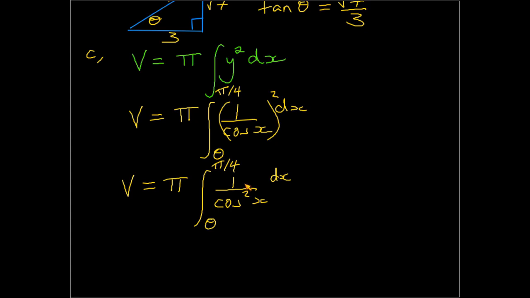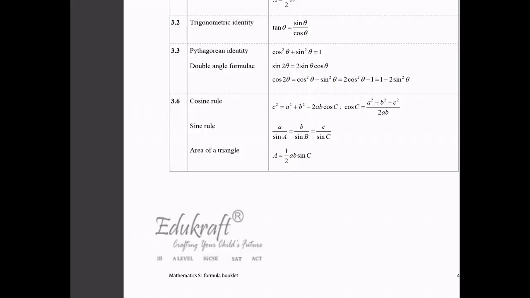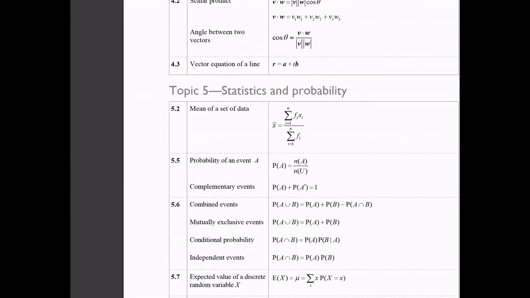And then here what I need to do is integrate 1 over cos squared. So if I go back to the formula book, let's scroll down to calculus. Gone too far.